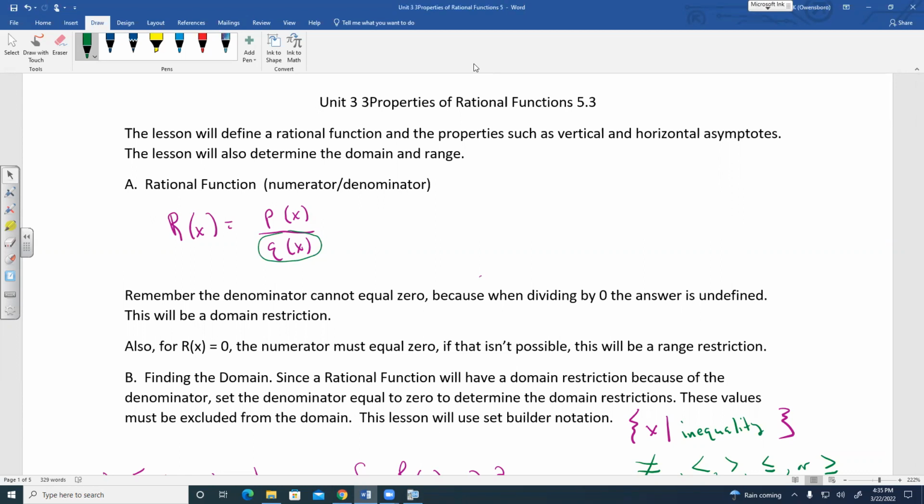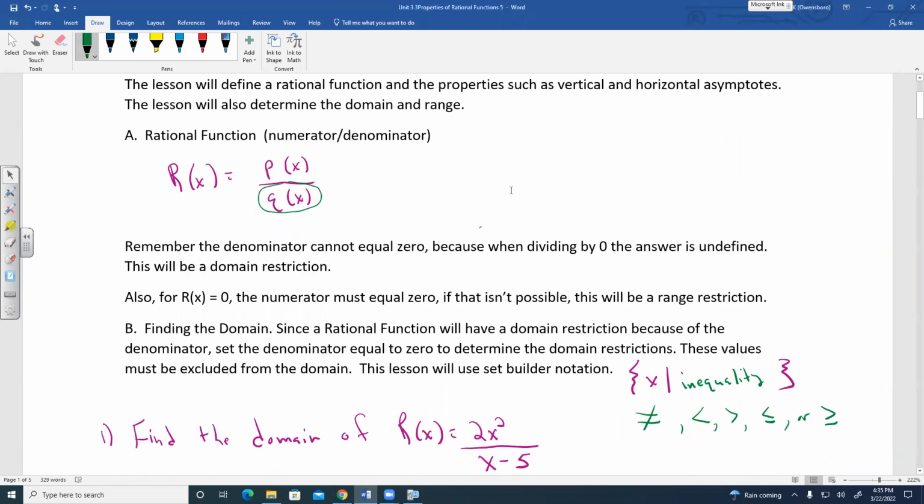Also, as far as getting 0 for the rational function to equal 0, notice that the numerator must equal 0. If that isn't possible, then this actually will be a range restriction. Sometimes it's not possible to make 0 in the range value, and that's when the numerator can't be 0.